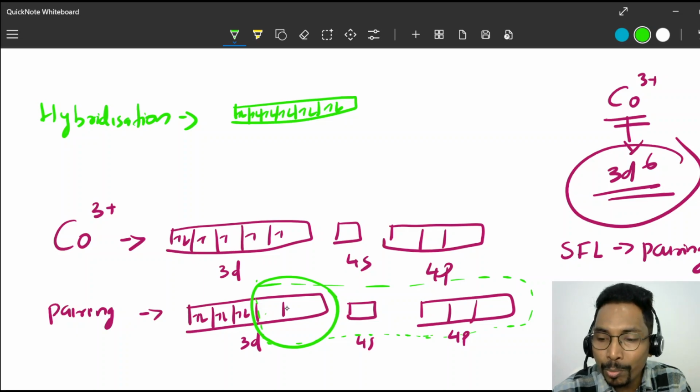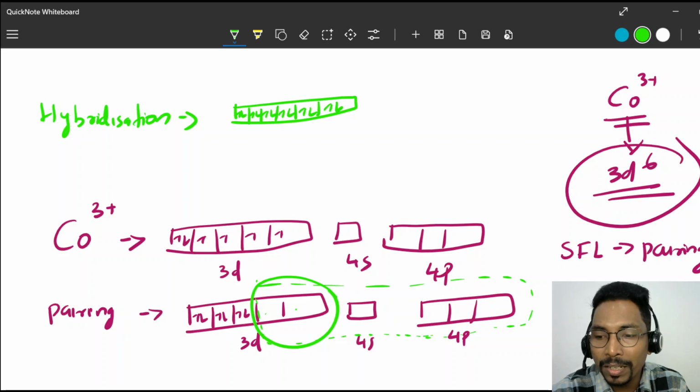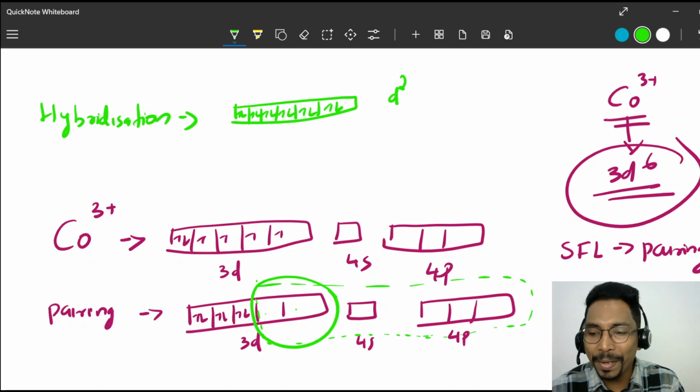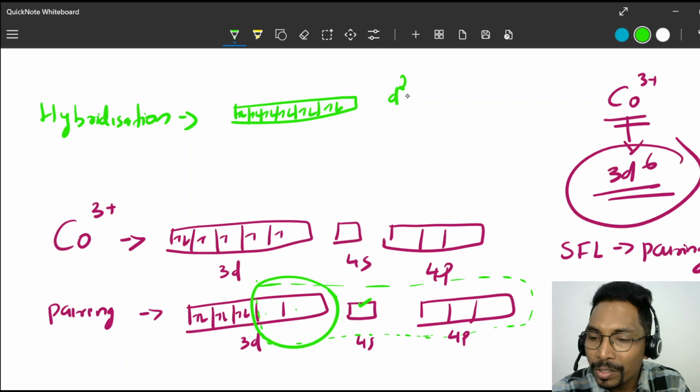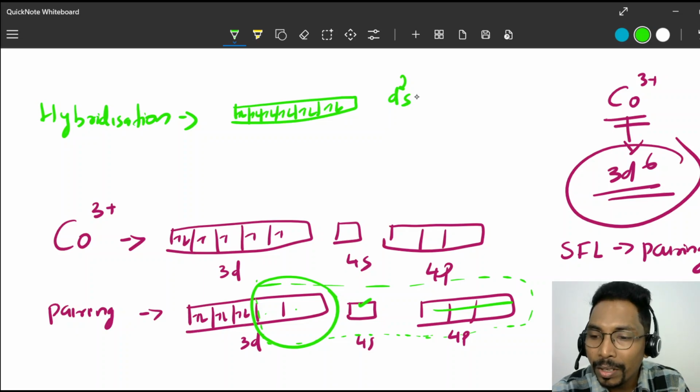You can see 2 boxes, and each box indicates 1 orbital, so 2 d orbitals, which you write as d2. How many s orbitals? 1 s orbital, so s. And how many p orbitals? 3 p orbitals, so p3.